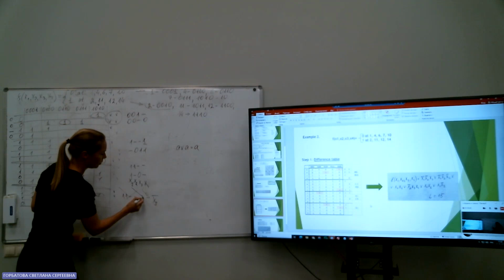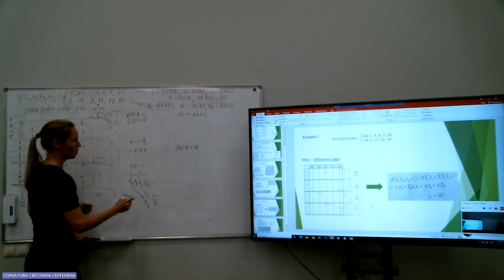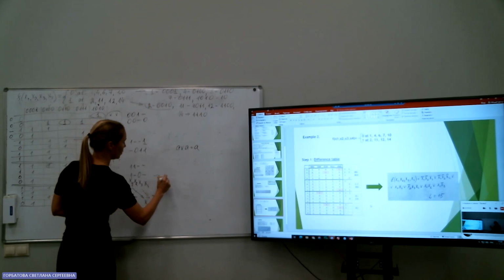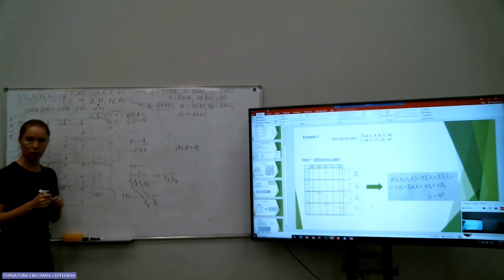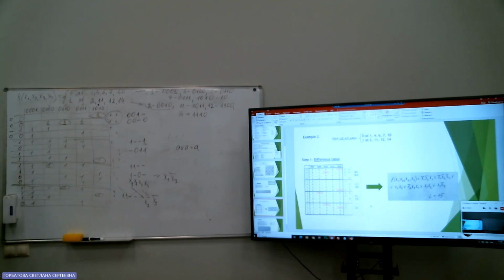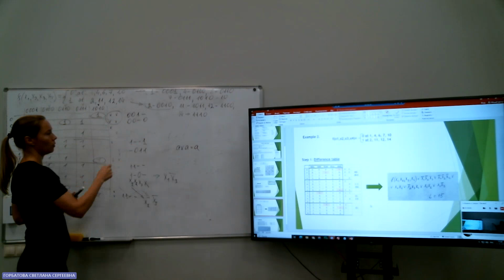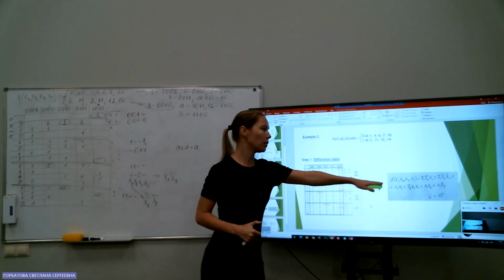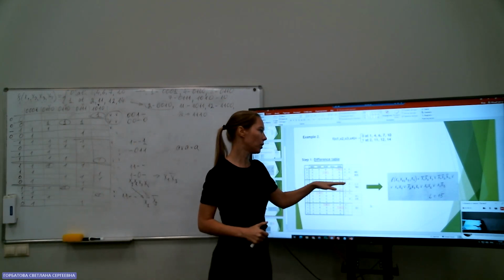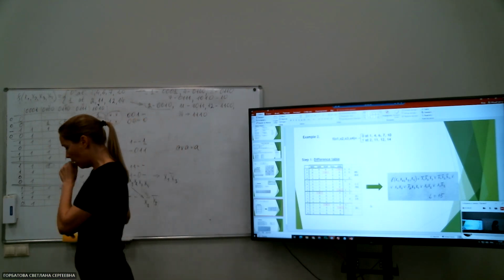If 1, it means x1 without negation. So it will be x1, not x3, conjunction between the intervals together with disjunction. So this is the function after difference table.